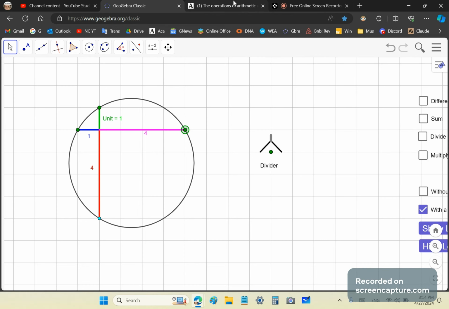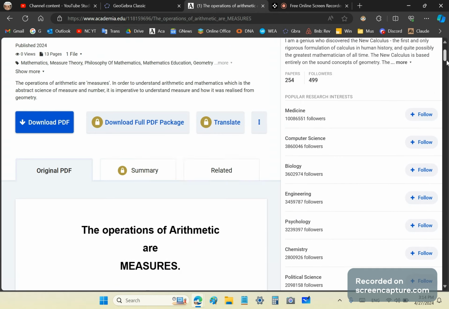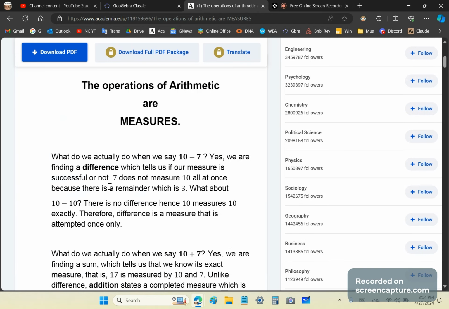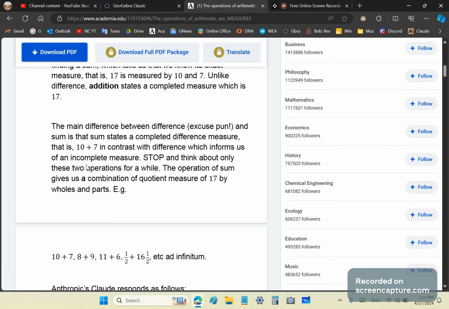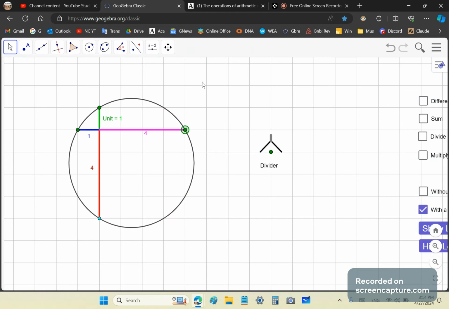And what I've done is today I've actually written a very beautiful article for you explaining what these arithmetic operations are. They're actually measures, okay? And I tell you what each of these things does and how it relates also to the geometric concept.